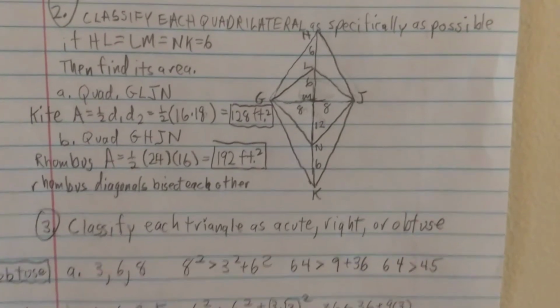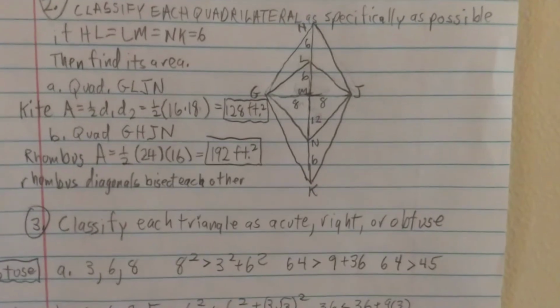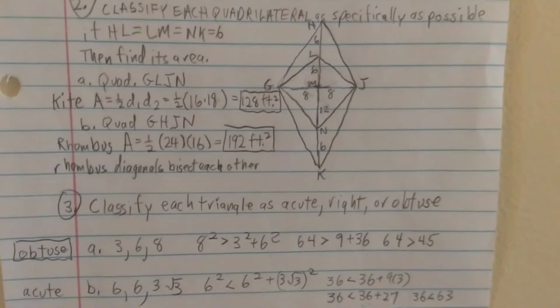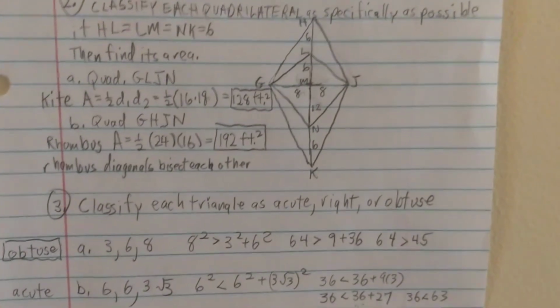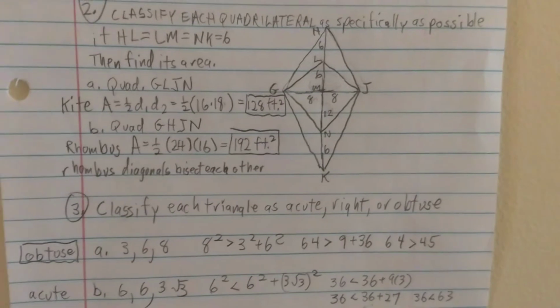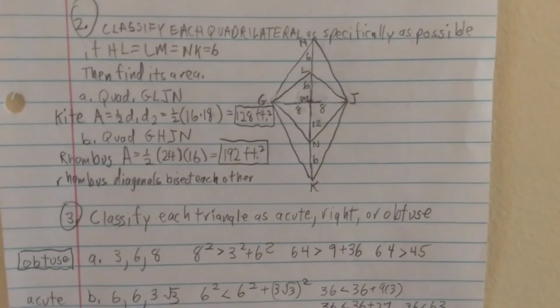So first of all, we want to find the area of quadrilateral GLJN. Okay, so that's the inside quadrilateral of the big one. So this is a kite, and we can tell that because the diagonals are perpendicular. Well, that's the kite. But anyway, it's 1/2 diagonal 1 times diagonal 2.